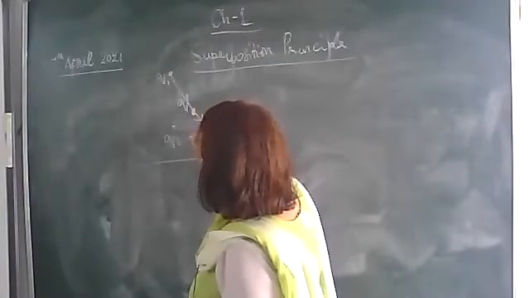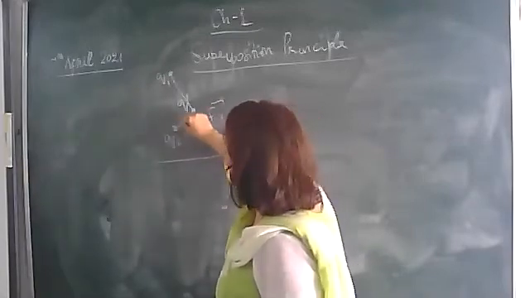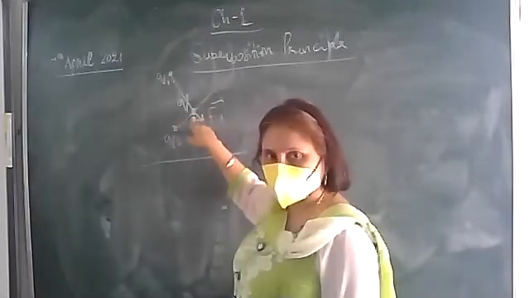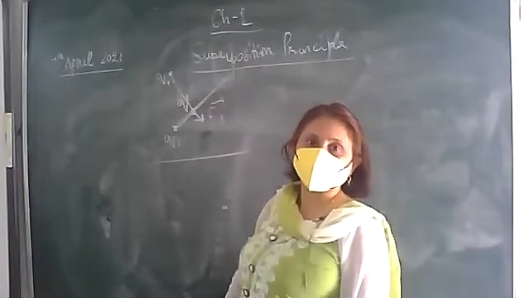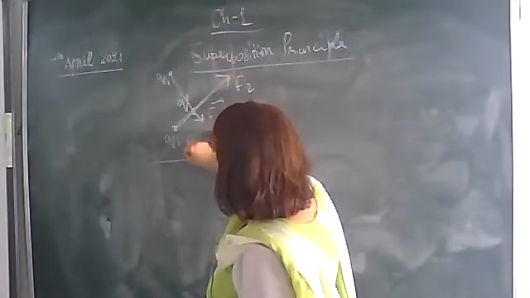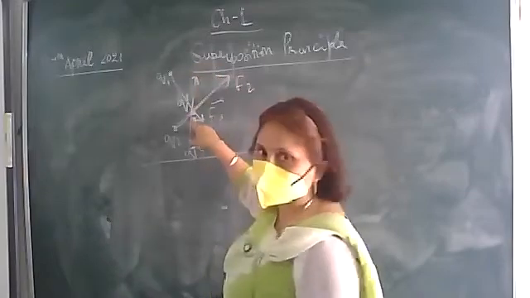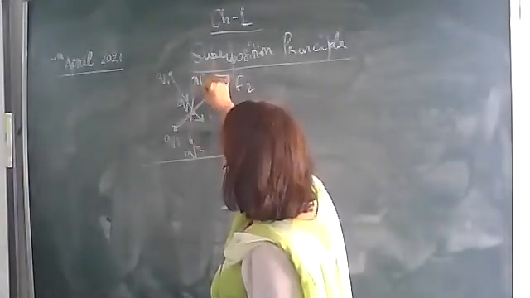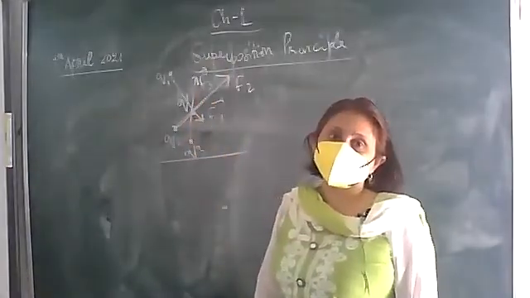Let along this direction be F1 force. Q2 is also exerting a force on Q, and we know that the direction of the force is along the line joining the charges. So let this be F2, and let this be Q3 charge. Q3 is also exerting a force on Q charge. Let this be F3 force. So what will be the total force acting on Q charge?